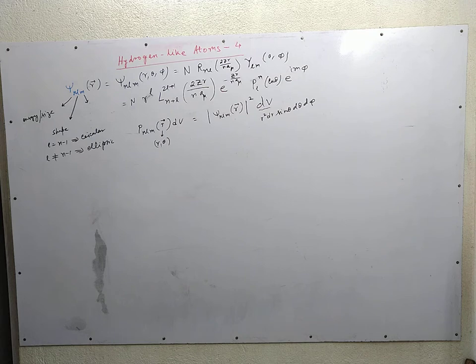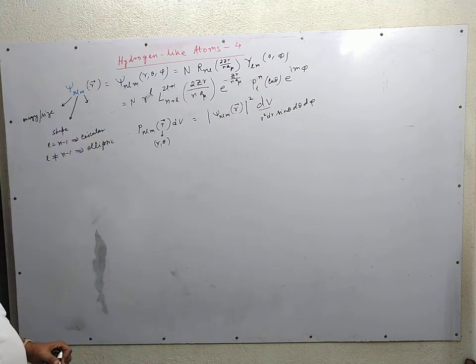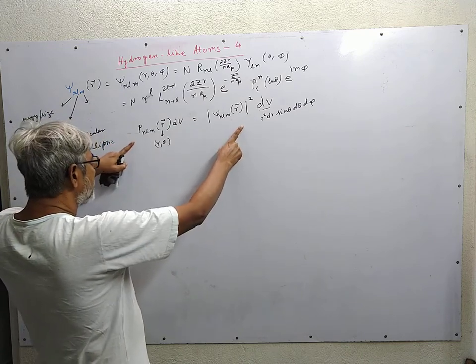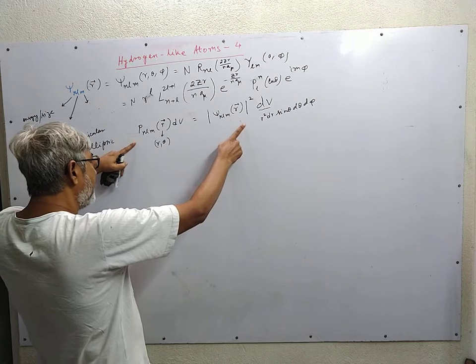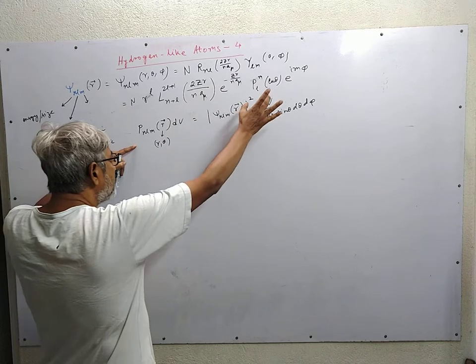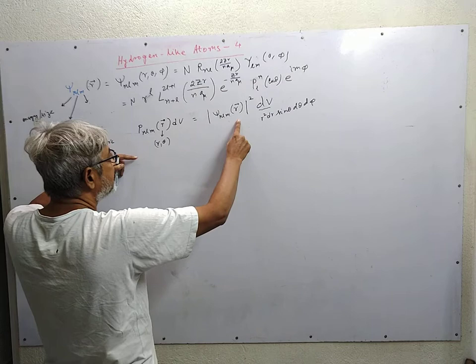We can look at the situation in a different way. We may first separate out the radial and angular parts. That is, we get the total probability density and the radial probability density. So we recall once again, this gives you the total probability density, that is, the probability of finding the electron within a volume dv around r when the electron is in this state.